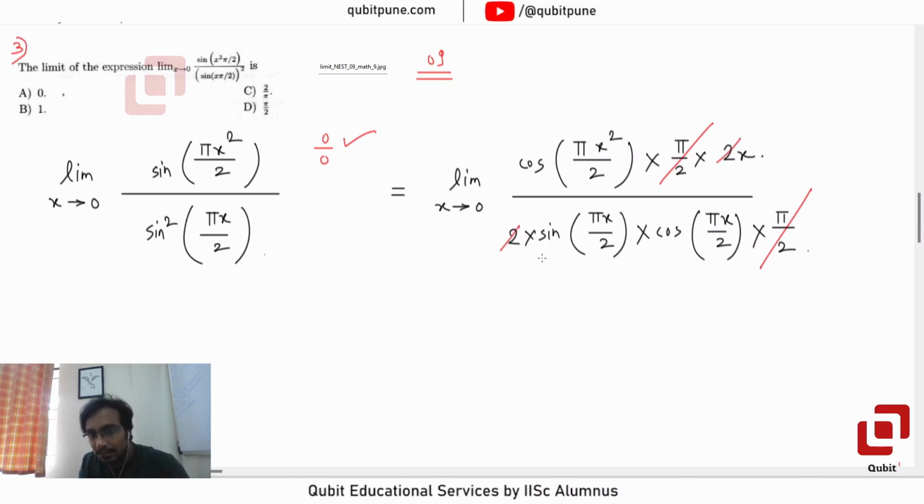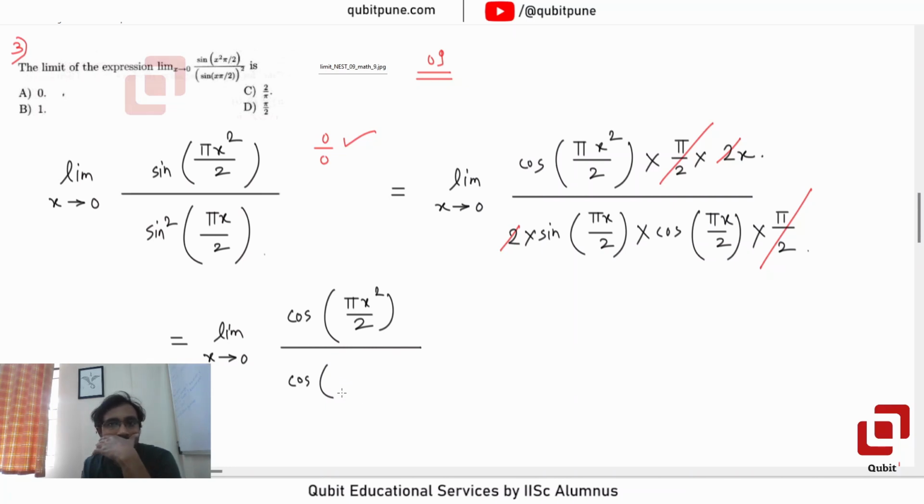Now pi by 2 goes, 2 they also go. And I am recommending you not to apply the rule again, but take out the terms which do not give you 0. Pi x squared by 2 is one of them. The other one is pi x by 2. Oh wait, is it giving a 0? Sorry, I got confused because of pi by 2, but x is tending to 0.